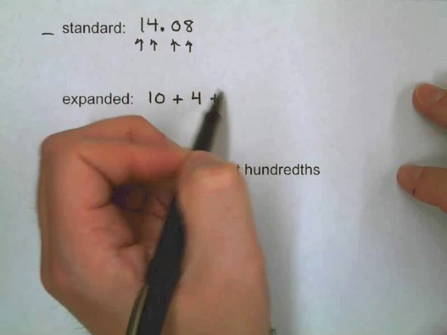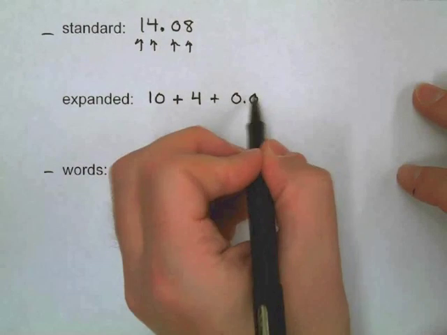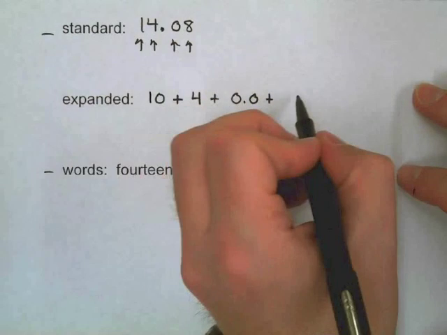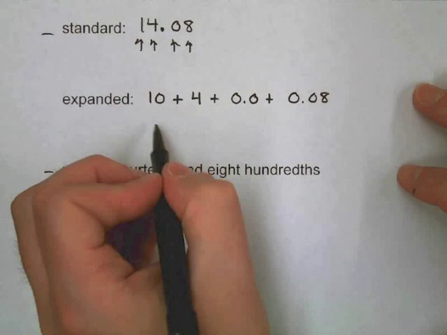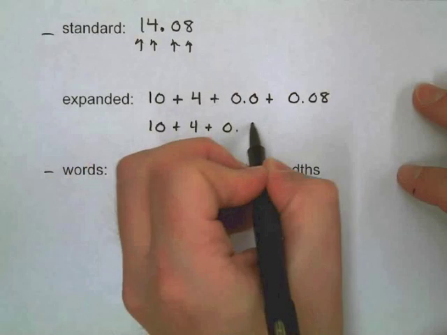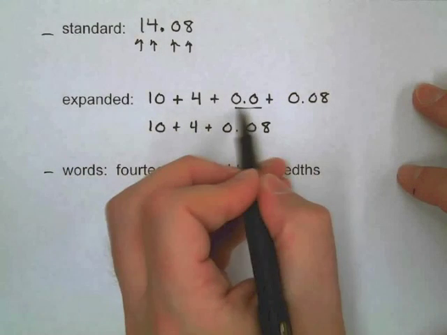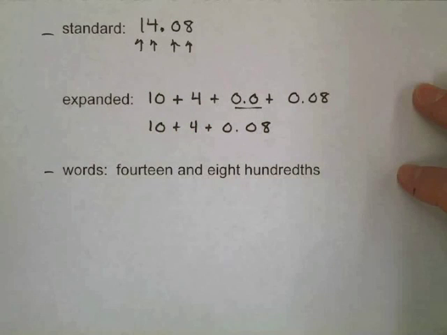Again, I could write it with a 0. I could write it like that with 0 tenths. And then how many? I have 8 hundredths. So that's one way I could write it. Or I could write it like this. Since I have 0 in the tenths place, I can just leave that out. That's a choice.